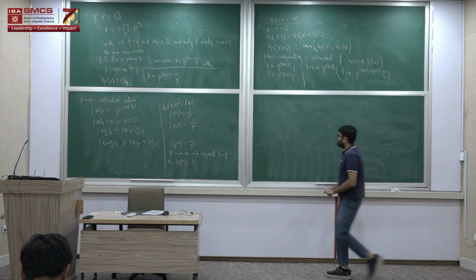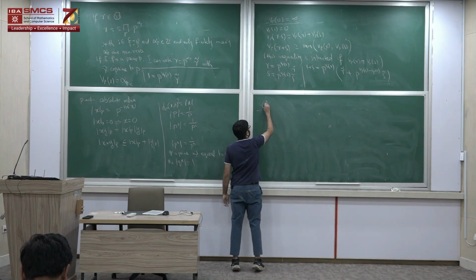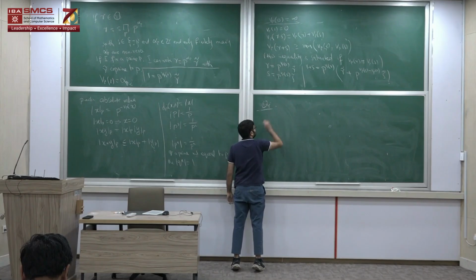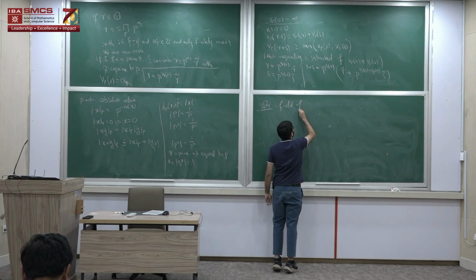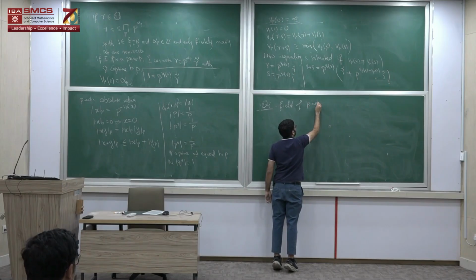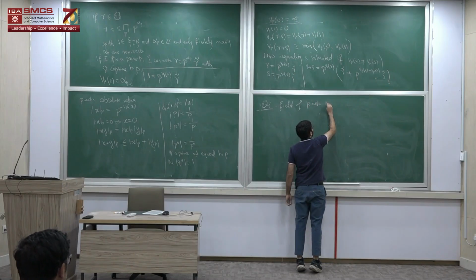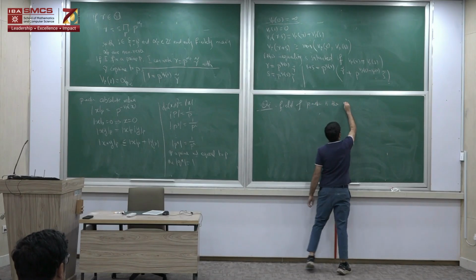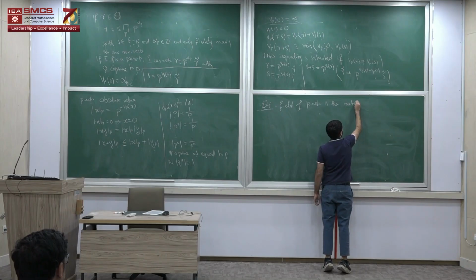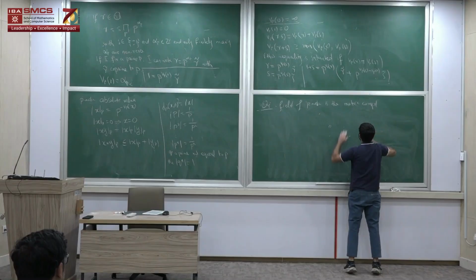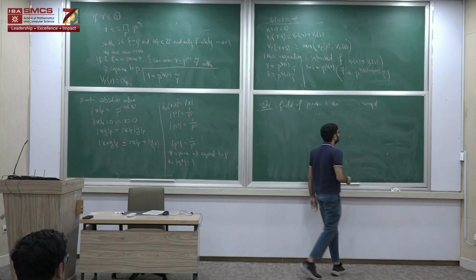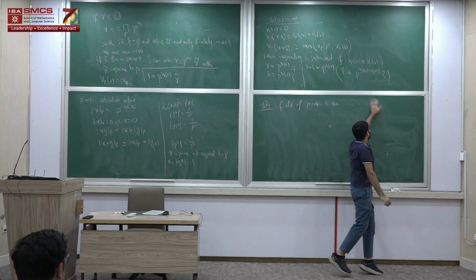Q p, which is called the field of p-adic numbers, is the metric completion. Let me just say completion, because before I just called it completion.